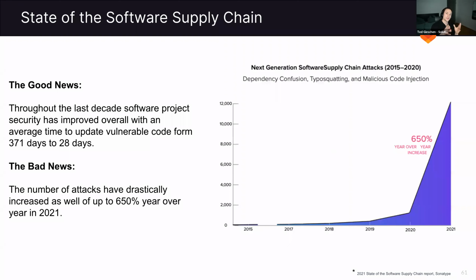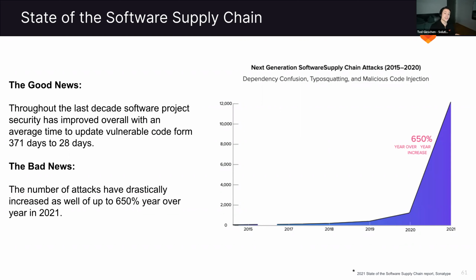Well, if we look back to 2021, Sonatype created a report. And the good news is that throughout the past decade, security of open source software projects has improved overall, with an average time to update vulnerable code dropping to 28 days in 2021, compared to 371 days about a decade ago.